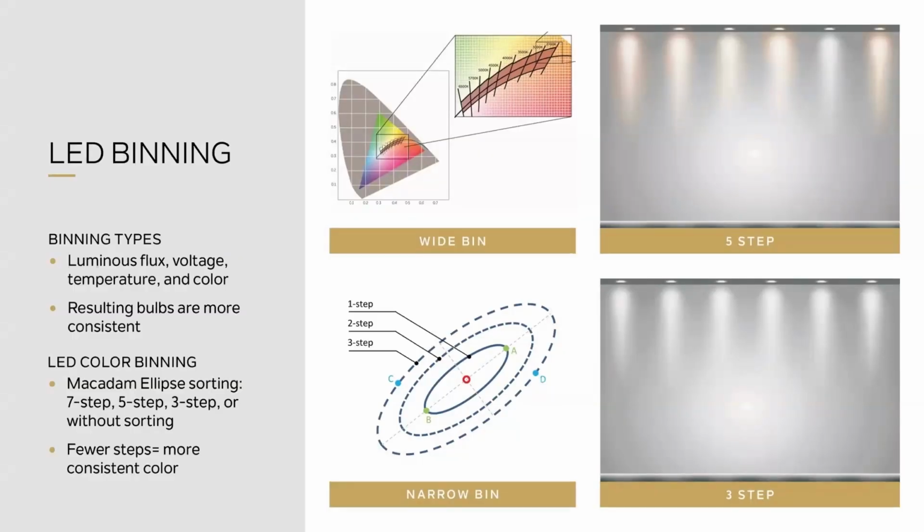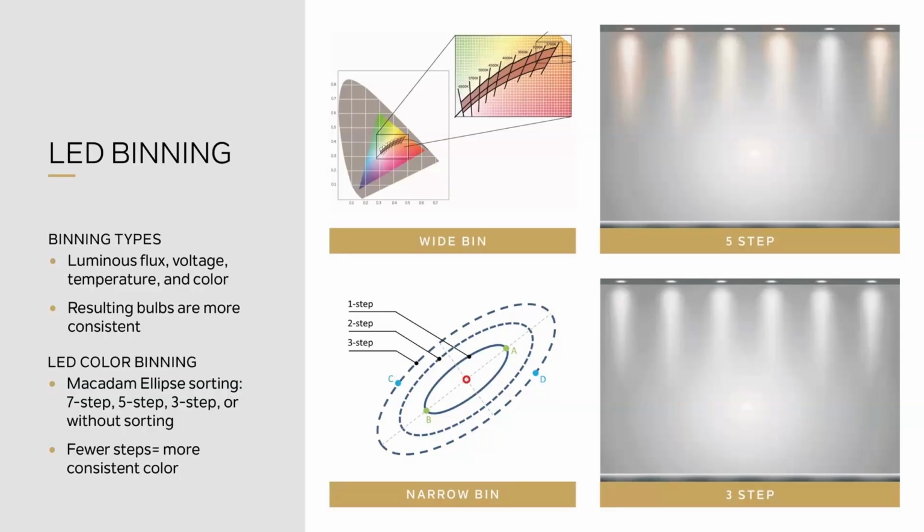Now let's talk about LED binning. LED components are sorted according to quality criteria in the process of LED binning. The simple thing to remember here is the fewer steps, the better the quality and the better the light source. On your screen, you see three-step binning, and the light source is consistent and provides great quality because all the lights are beaming downward with the right temperature of light, and they're all a clear kind of white light.